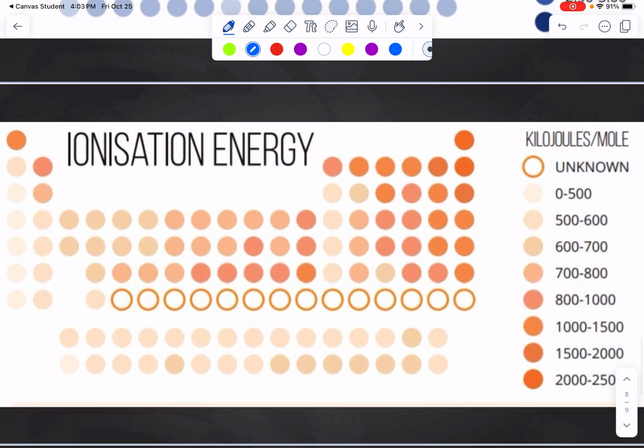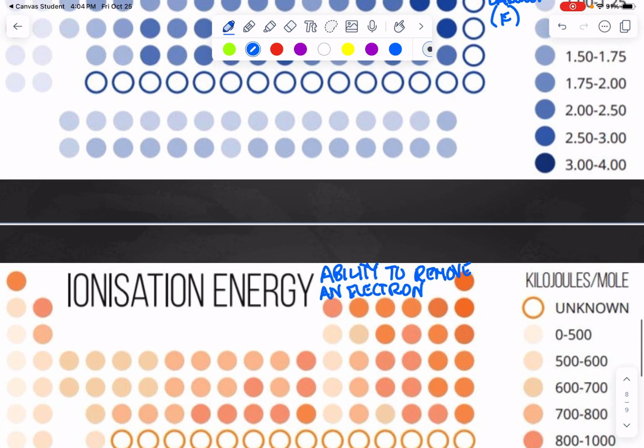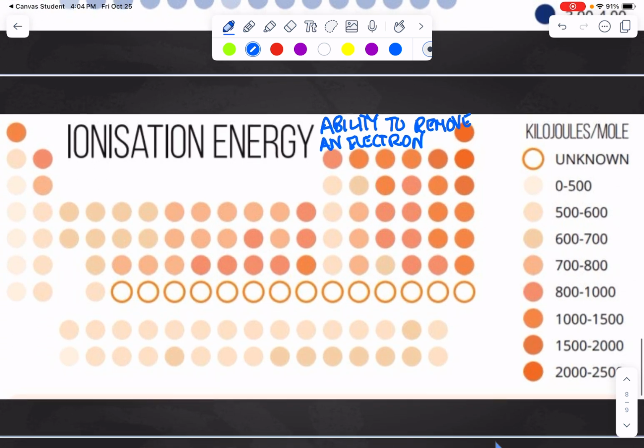Okay, ionization energy is the ability to remove an electron, and it is similar to electronegativity. The interesting thing is helium doesn't have an electronegativity, and we'll talk more about why, but helium is actually the highest.